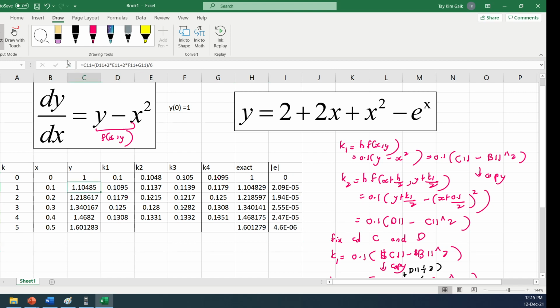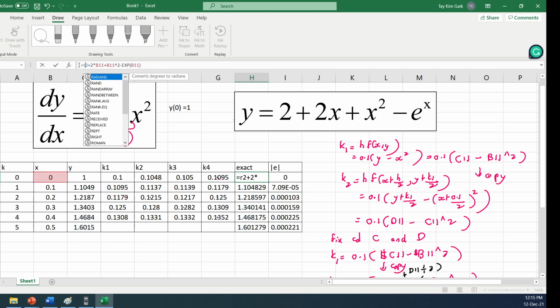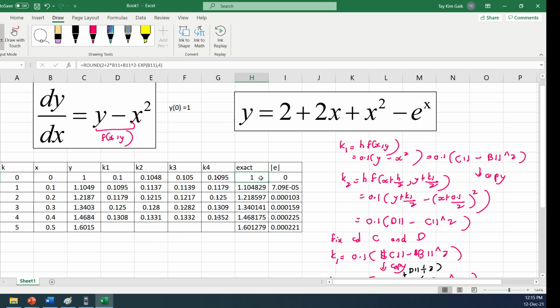Oh, because this Y I didn't round. So round, open bracket. After the formula, comma, put 4. Here to round it, round, open bracket. At the end of formula, put comma 4. Recopy it again.